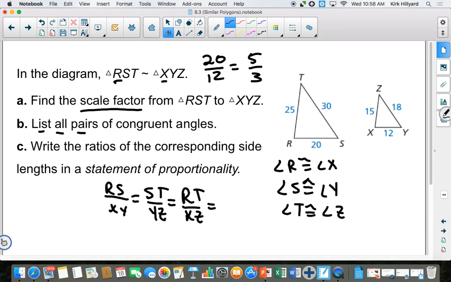And if I were to plug in one of these ratios, if I went RS over XY, just like I did, any one of these ratios should have the ratio of 5 to 3. So 25 over 15 or 30 over 18, those should also have the same ratio.